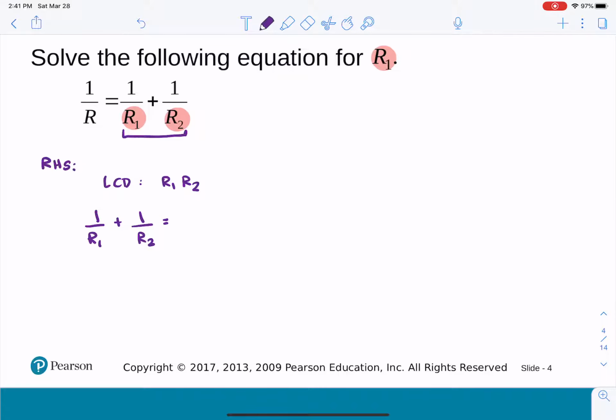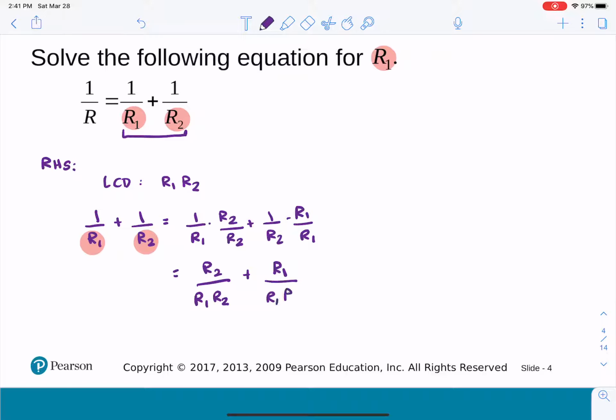I want to make the denominators alike, so I'm going to multiply and divide the first fraction by r2 and the second fraction by r1, which would give me r2 divided by r1 r2 plus r1 divided by r1 r2.